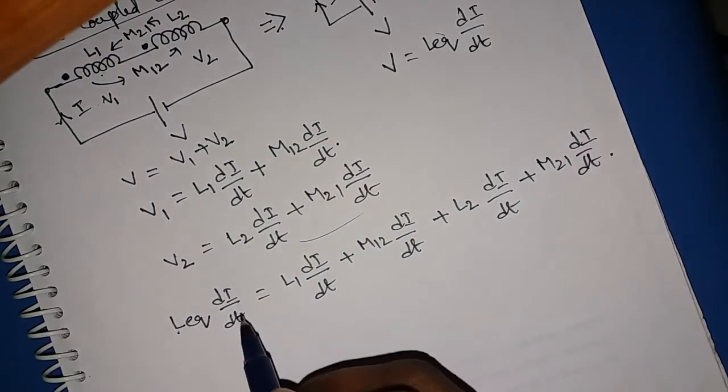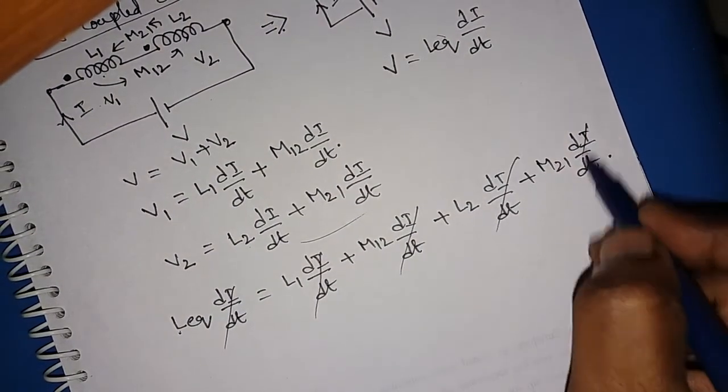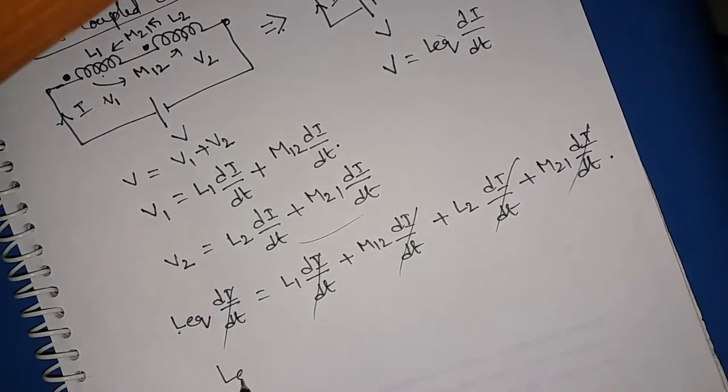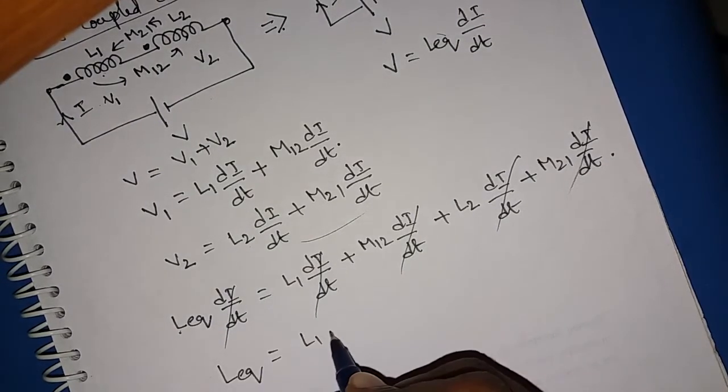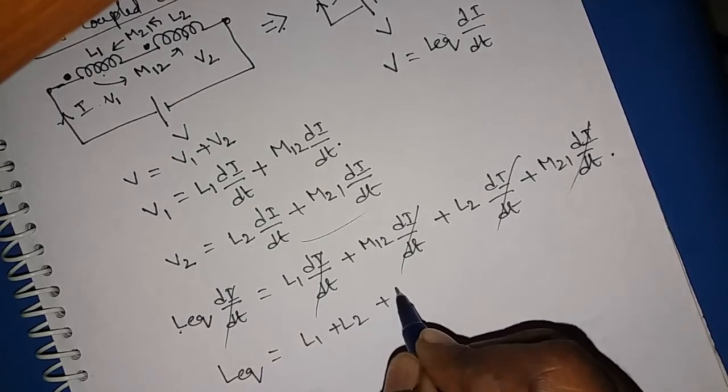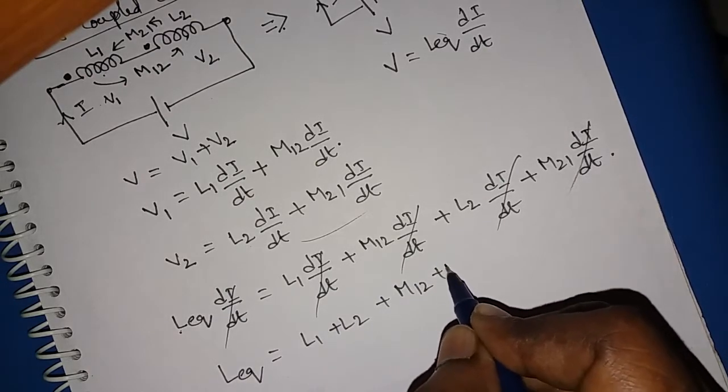Hence all di by dt's are cancelled on both sides. Therefore, L equivalent is equal to L1 plus L2 plus M12 plus M21.